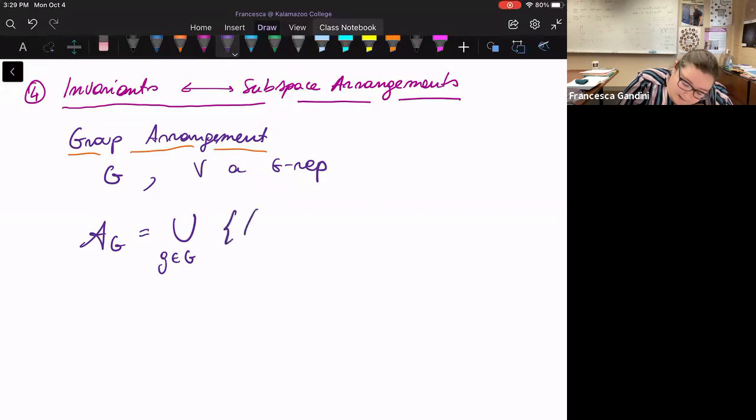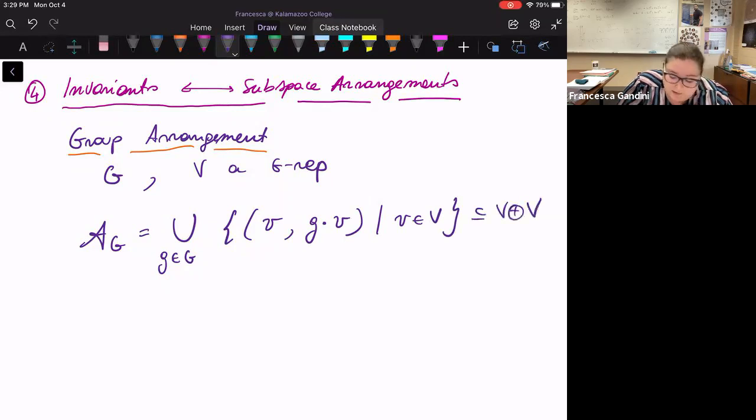We're going to take a pair of elements in our representation, but now we act trivially on the first coordinate, or first set of coordinates, and then we act with G on the second coordinates. This lives in two copies of your representation, and you can think of it a bit as the graph of the representation.